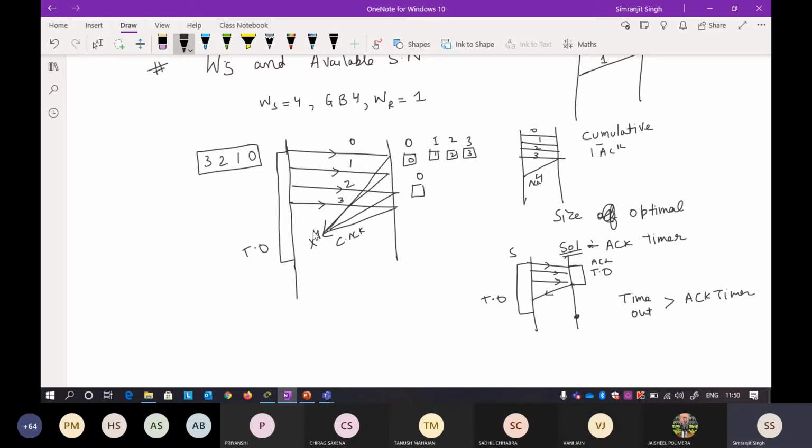When the acknowledgement got lost, because it is Go-Back-N, it will go back and transmit the whole window again, that is 0, 1, 2, 3.